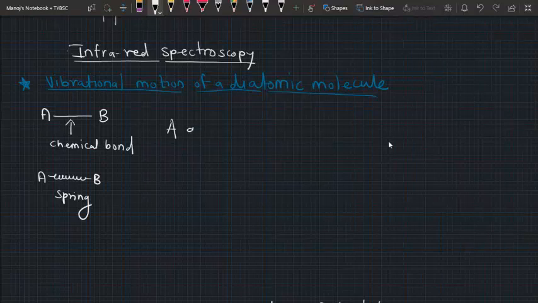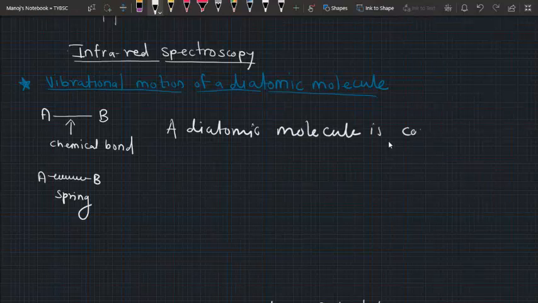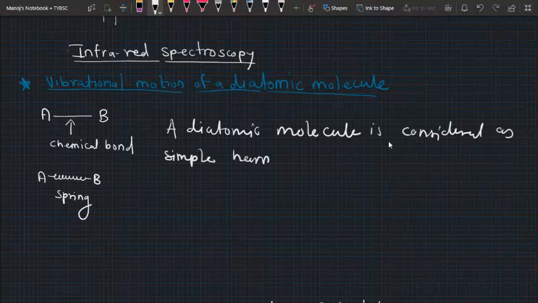A diatomic molecule is considered as a simple harmonic oscillator. The bond between these two atoms can be considered as a spring.